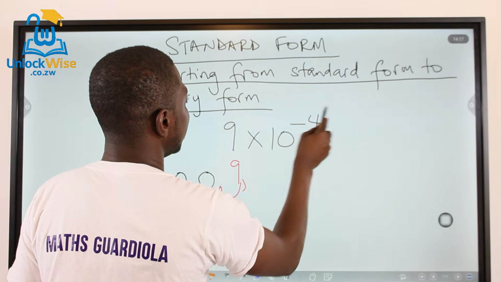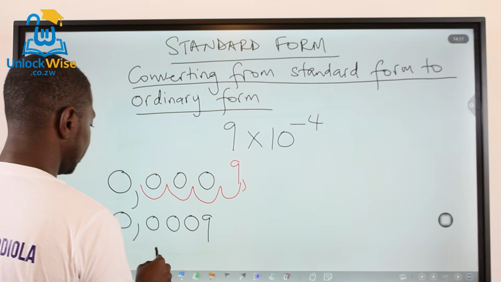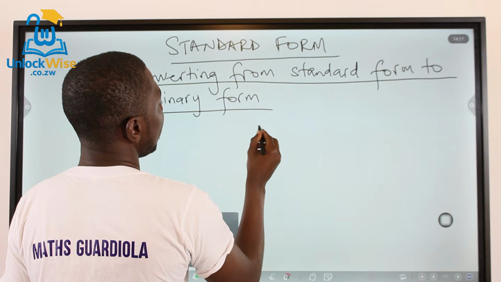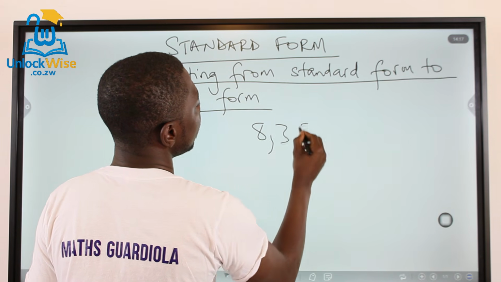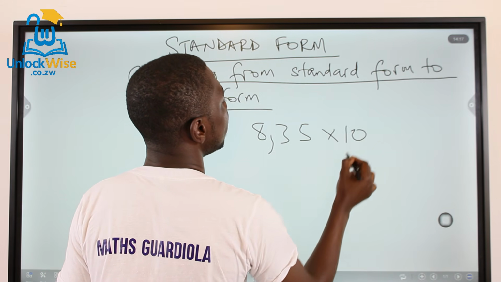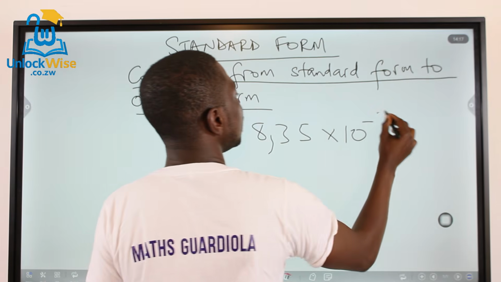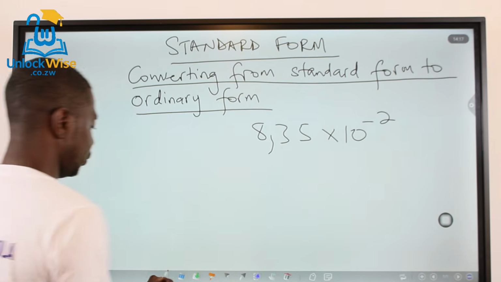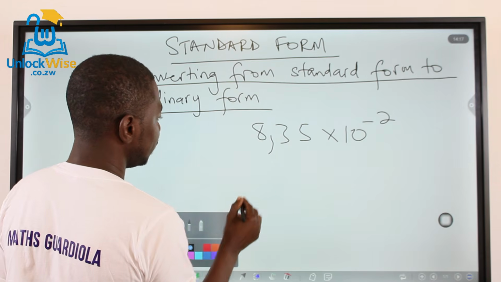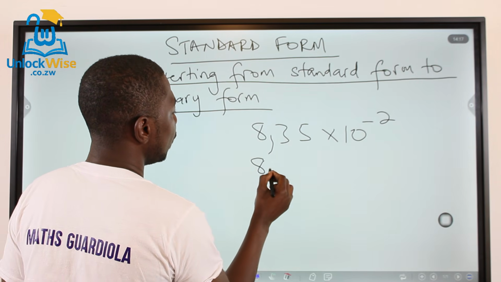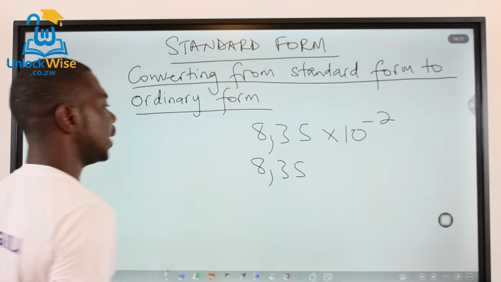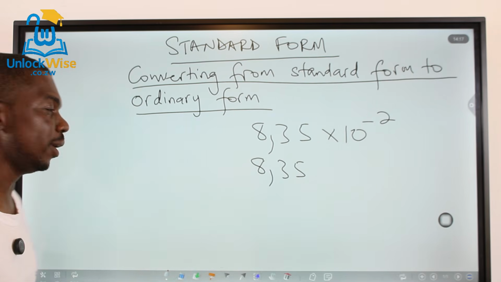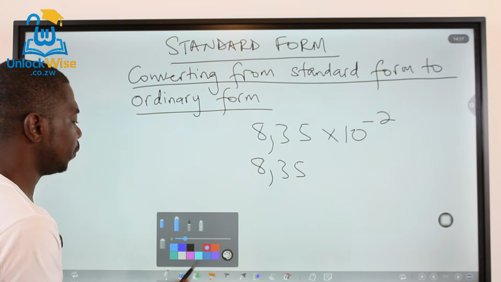Let me just give you another example. 8,35 times 10 to the power negative 2. So from this, it means that we are going to have 8,35, and our comma, because this is a negative, it's a small number, so our comma is going to move to the left.